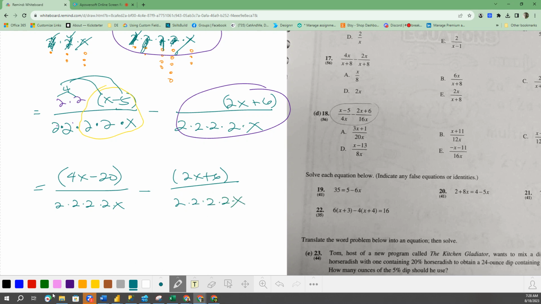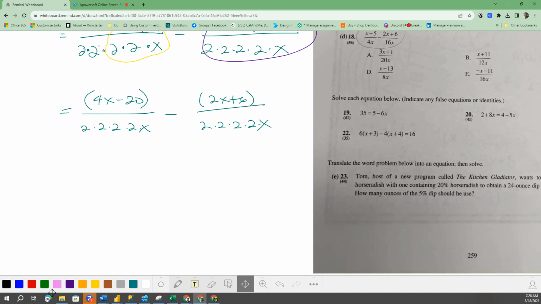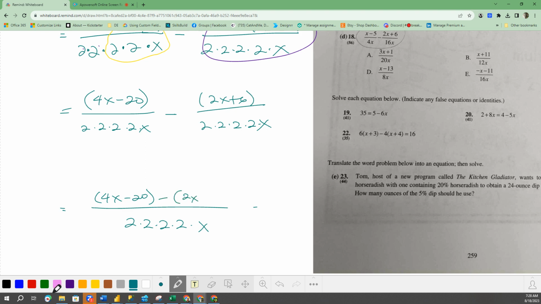Okay, so now they have the same denominators. We will combine them together in one set of denominators, 2 times 2 times 2 times 2 times x. And then you have in parentheses 4x minus 20 minus in parentheses 2x plus 6. And the reason we have that parentheses is because of that lingering negative 1 that you need to distribute there.